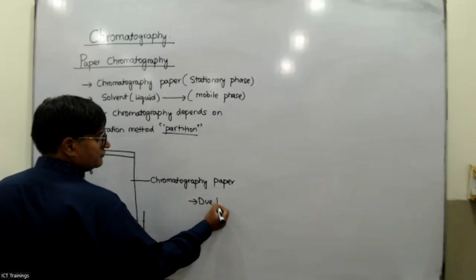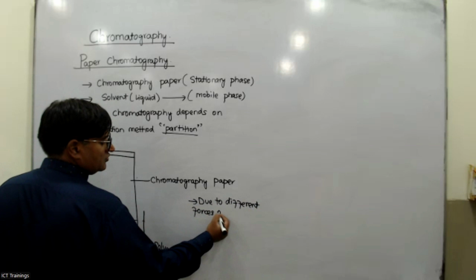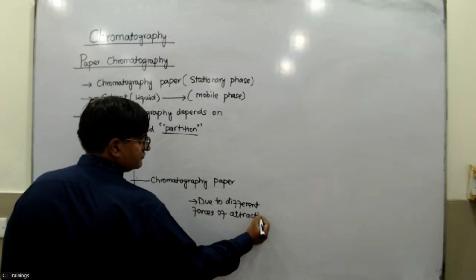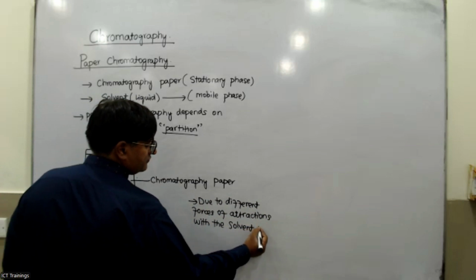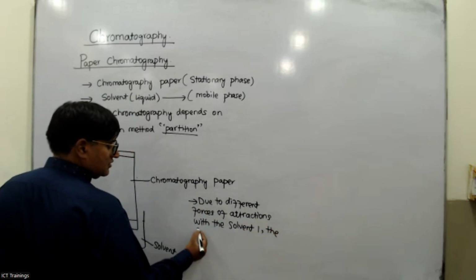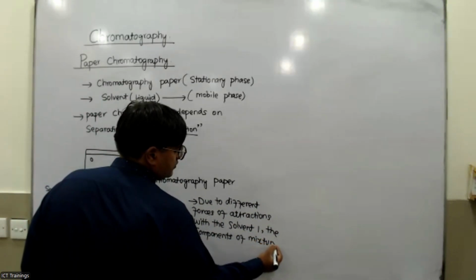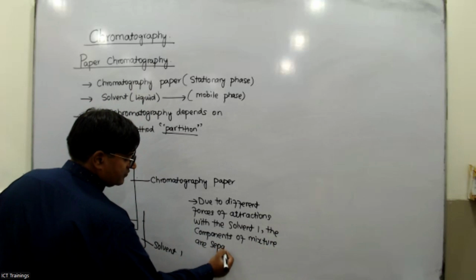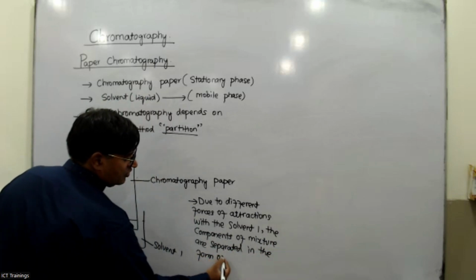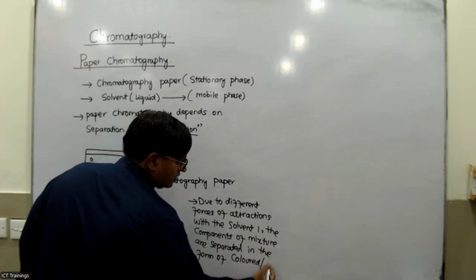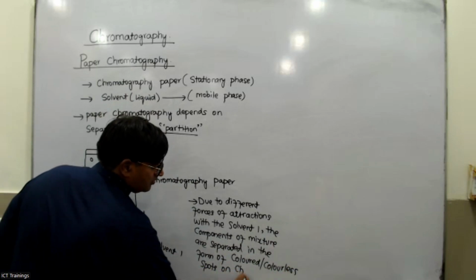Due to different forces of attraction with the solvent one, the components of the mixture are separated in the form of colored or colorless spots on chromatography paper.